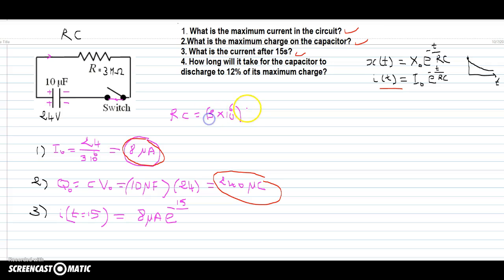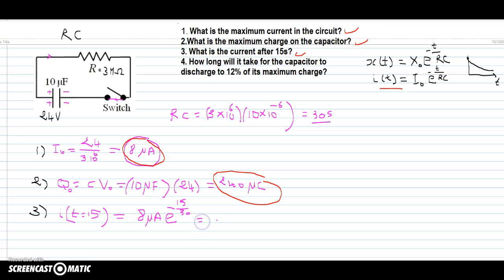And C is 10 micro, and micro is 10 negative 6. As you can see, the 6 and negative 6 cancel, so this is just 30 seconds. So this is the RC time, and so I put here 30.